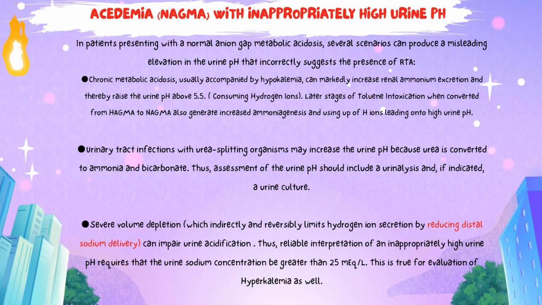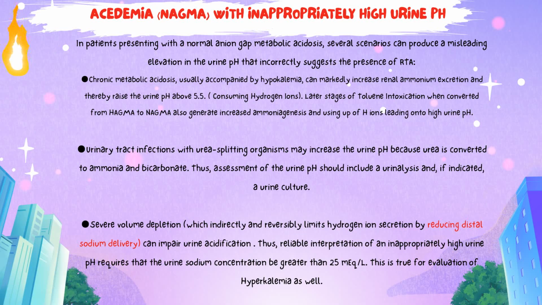Severe volume depletion is another situation where you could have an inappropriately higher urinary pH. The mechanism here is reduced distal sodium delivery, so there is not sufficient voltage generated for the sodium to be absorbed and potassium and hydrogen ions to be secreted into the lumen.